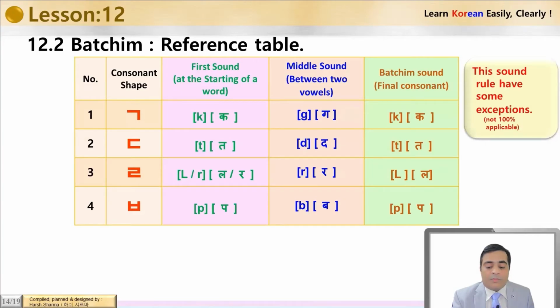If you remember when we were doing the simple consonants, these four consonants have the double sound. Like the first one is ka or ga. Now we can do a little more extension of this rule, Yorobun. This is the table: first sound, middle sound, and the Pachim sound. So you can refer to it. Whenever there are these kinds of sound and pronunciation rules, Yorobun, we cannot say they are followed 100%.